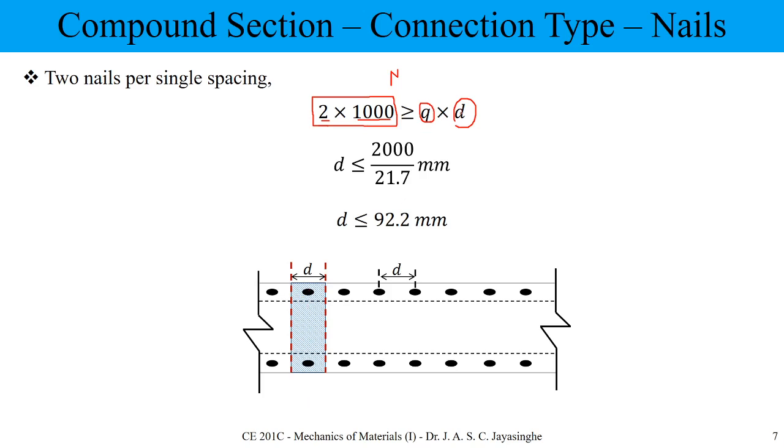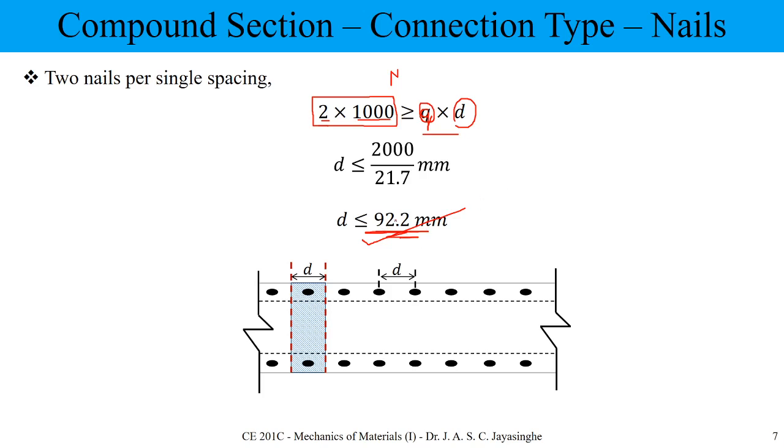For this we need to find D. That means in unit length it is going to transfer Q over the D length. You can multiply and find it, and in this way you can easily find the minimum spacing. That means you can use any value between 0 and 92.2.